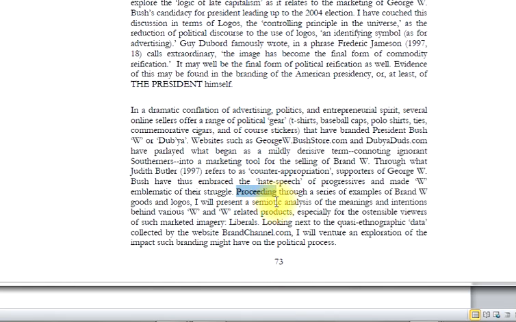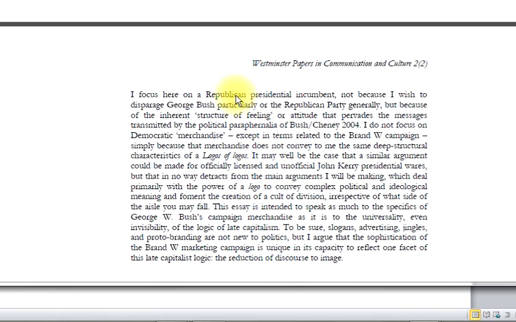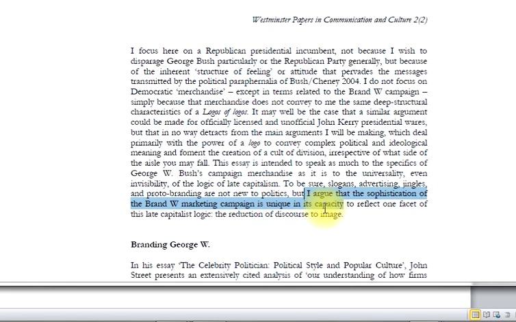Proceeding through a series of examples of the brand W goods, I will present the semiotic analysis. That's a map. I will venture an exploration of the impact. I focus here on the presidential Republican. I will argue that the certificate, that's the thesis. So all of those are maps.